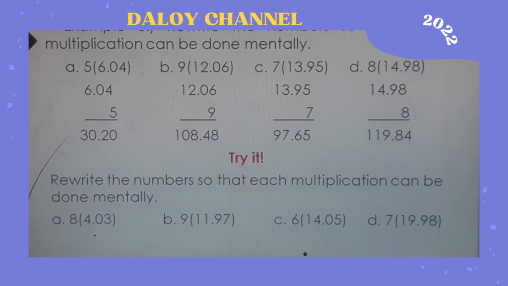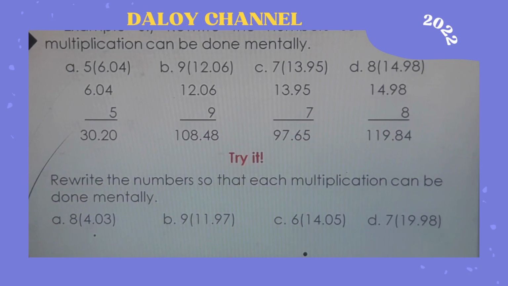Example number 6. Rewrite the numbers so that each multiplication can be done mentally. So we can do it through vertical solution. So we have zeros, and mentally we can answer it as 3,020.